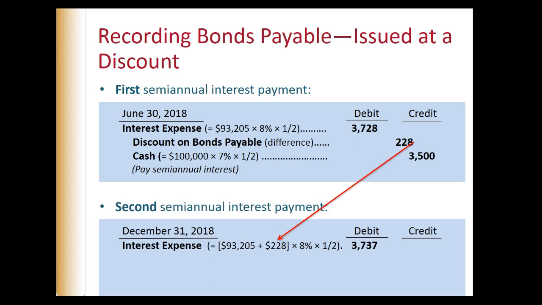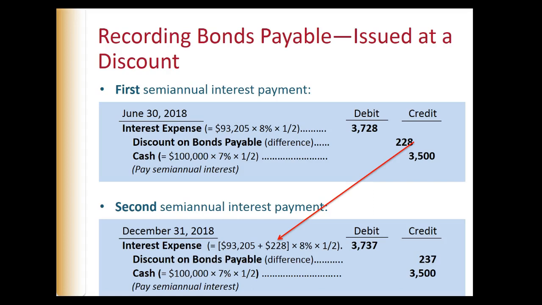Now, on the next payment, the two entries represent here these first two cash payments. As you see here, the amounts for the semi-annual interest payments are taken directly from the amortization schedule that we're going to see on the next slide.